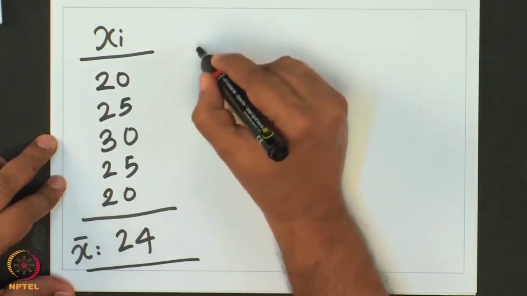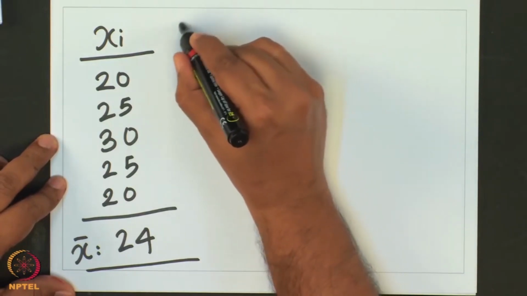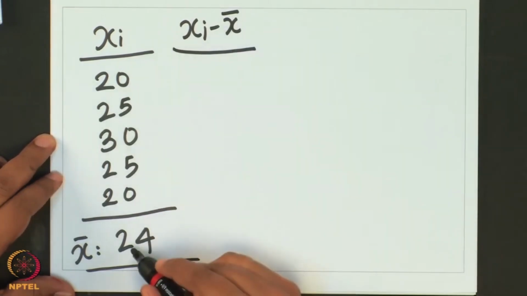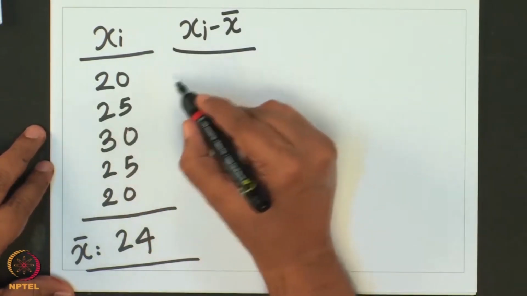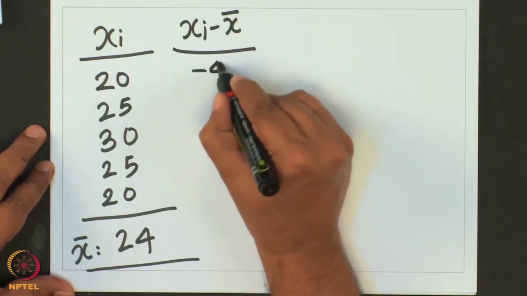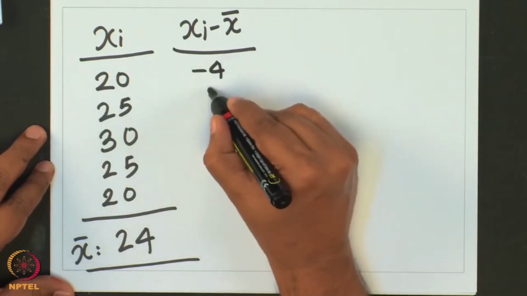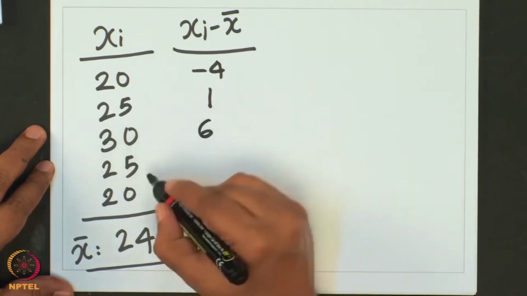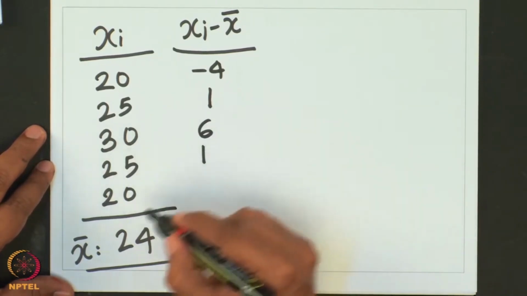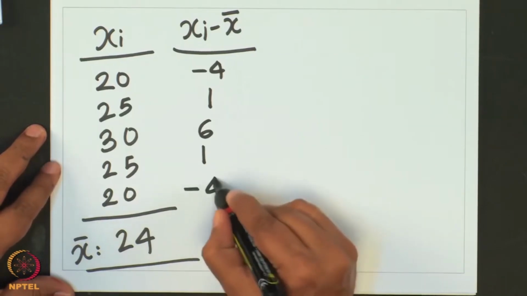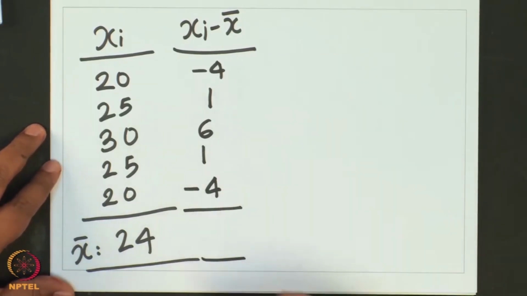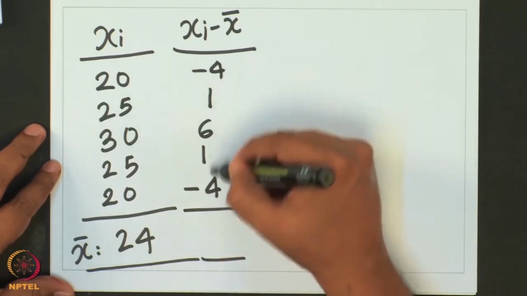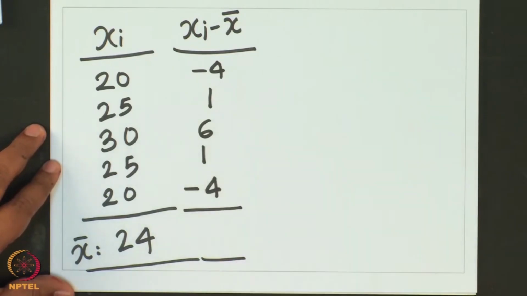Now the next thing to calculate for the standard deviation is xi minus x bar. So I subtract this x bar from each of these. 20 minus 24 is minus 4, 25 minus 24 is 1, 30 minus 24 is 6, 25 minus 24 is 1, 20 minus 24 is minus 4. So the sum of this would be 0. So that's not what we want.